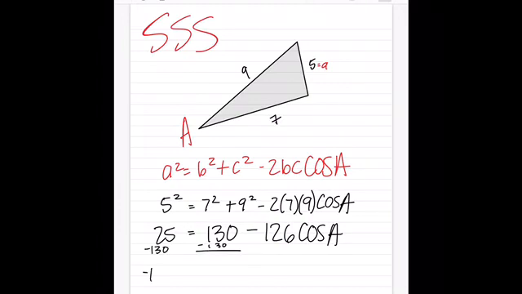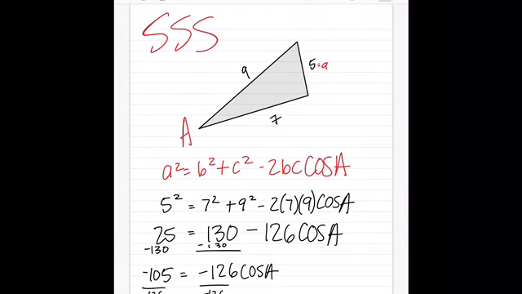That's going to give me negative 105 equals negative 126 cosine of A. Divide both sides by negative 126. Cosine of A equals negative 105 divided by negative 126.